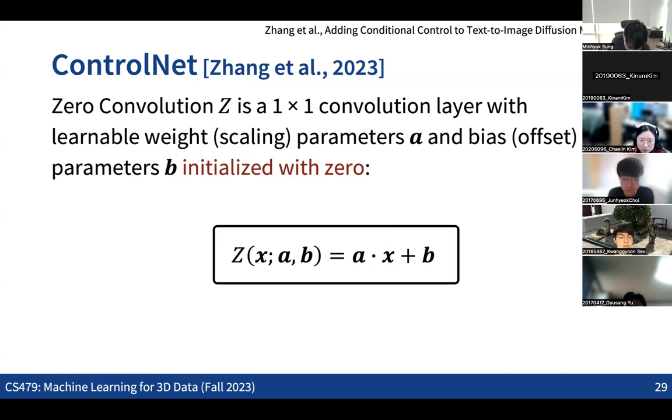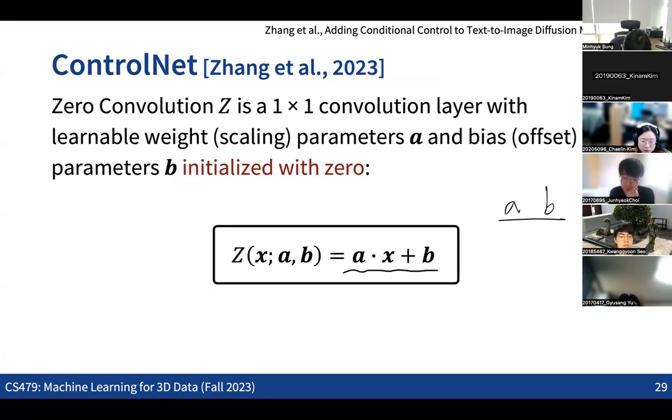In terms of implementation, this is a one-by-one convolution layer, which applies the scaling factor A to all the numbers in the input vector and then adds the bias B. So it has just two numbers, A and B, scaling the input vector and adding the offset.